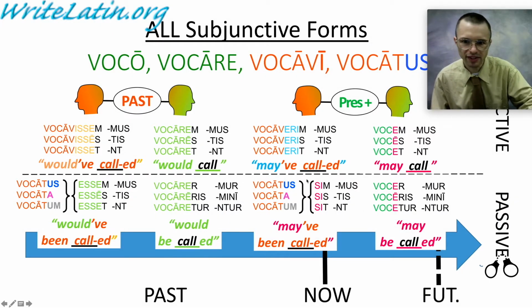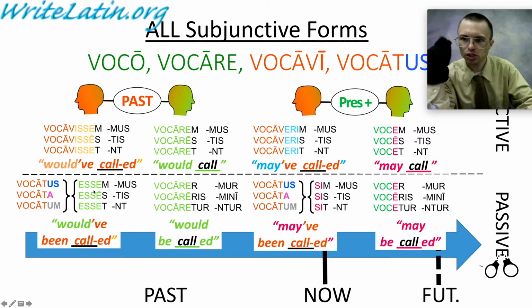You might think of sim as a subjunctive of sum, and it is, but it's bigger than that, because it could also include future. It's kind of the subjunctive also of ero. Same with essem. You might think of it as the subjunctive of eram, and most teachers will tell you that.